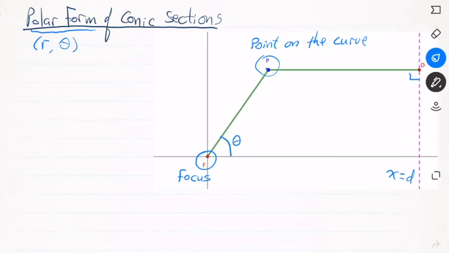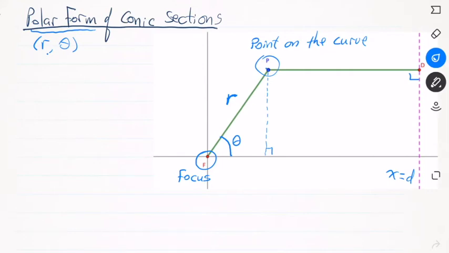And automatically, because FP goes through the origin and theta is pulling the line segment FP away from the positive x-axis, then in polar language, this is the radius of the rotation. Okay, so we already know part of our polar equation, and we already have a theta in here. The only thing is we need to determine some other ideas. All right, so our picture is perfectly fine right now. Now we just got to talk about the math side.